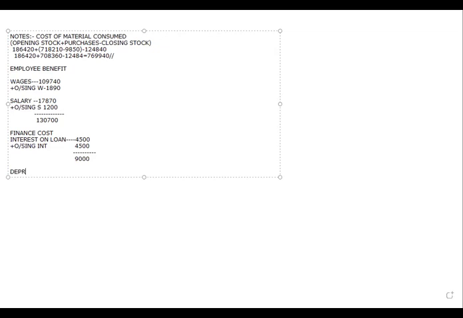And then I'm going to do depreciation. First, for plant and machinery he gave 15%, which means I'm going to get some 19,60. Then for furniture, it is 10%, which is around 500.